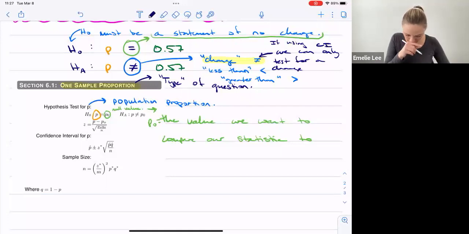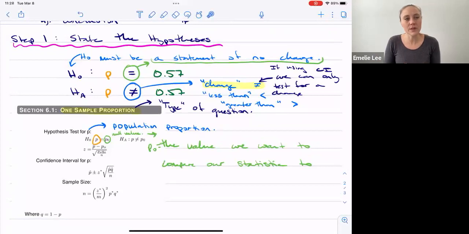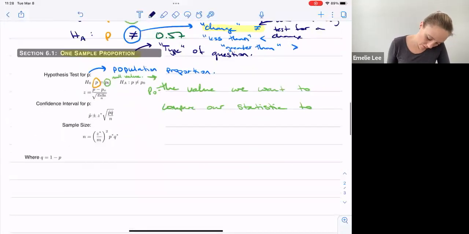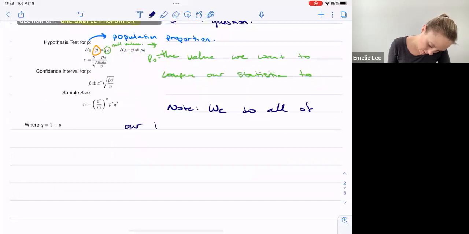So for the hypotheses, we built this up and wrote all around it. The main thing we need to remember throughout all our testing is that we do all our testing assuming the null hypothesis is true. We assume that P is 0.57 until we have proof otherwise from the sample. So here's a note: we do all of our testing assuming H naught is true.